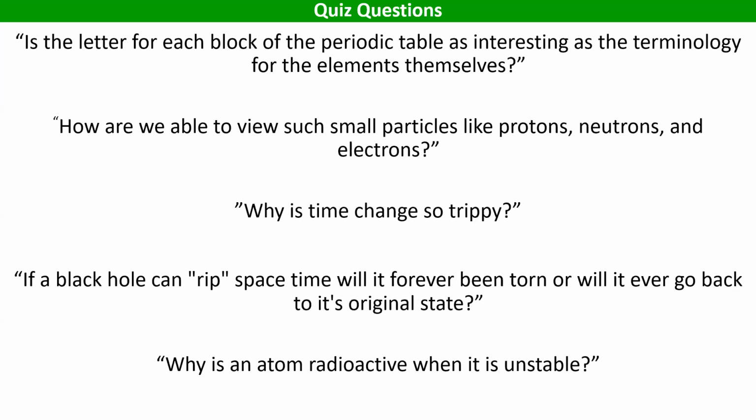But a lot of the math that goes into black holes, again, goes against our normal intuition, the way we perceive the universe. And then last but not least, why is an atom radioactive when it's unstable? When those nuclei are unstable, we've talked about this a little bit, right? When they get too big, they break apart.